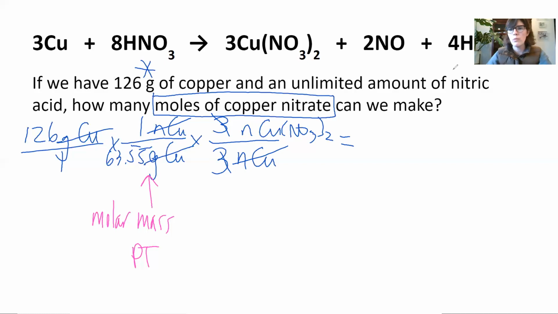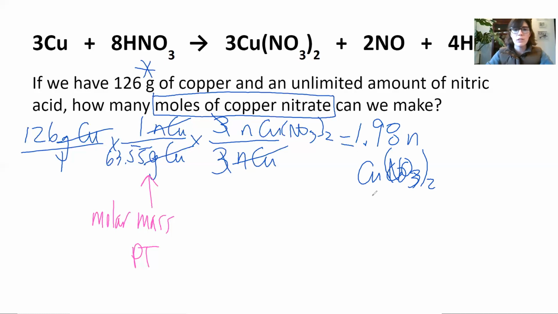Okay, we got a 1.98. Cool, what are the units on that? So 1.98 moles of copper nitrate, CuNO3. I'm sorry about this pen, folks. Copper nitrate, that is exactly right.